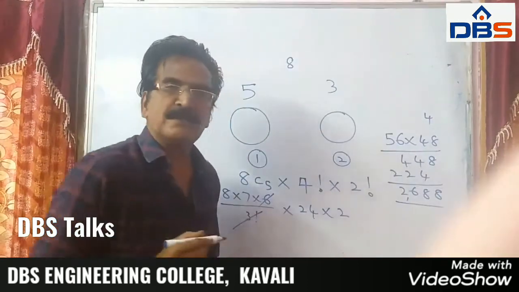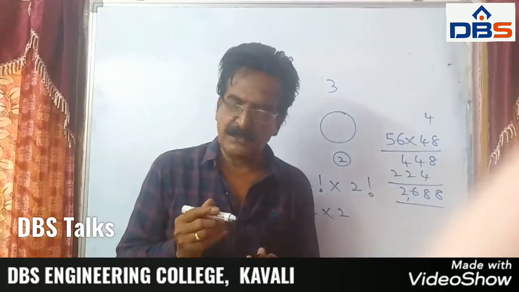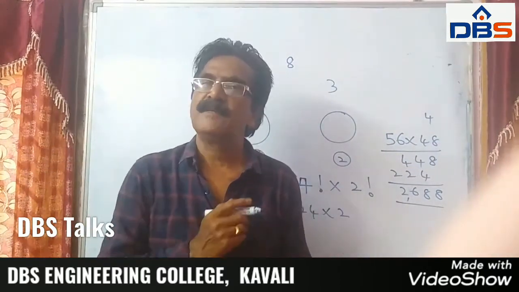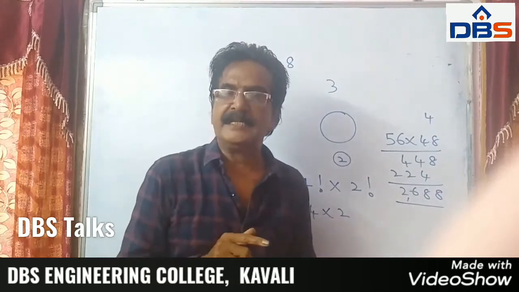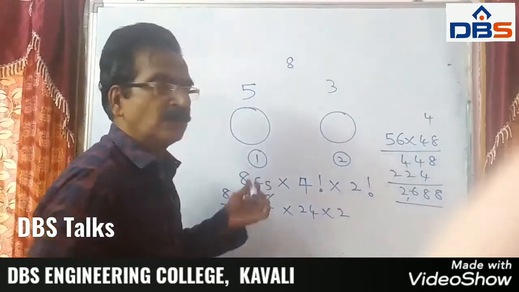So friends, 2688 ways. In 2688 ways we can seat these 8 guests around the given 2 tables.